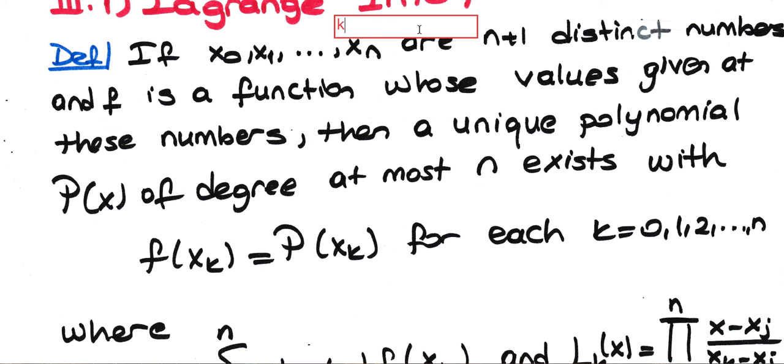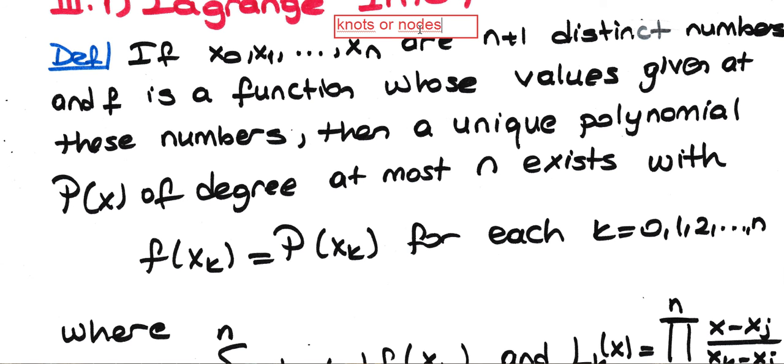These are called nodes in the literature. So they are the same thing. If I say nodes, then I mean x0, x1, and so on up to xn.